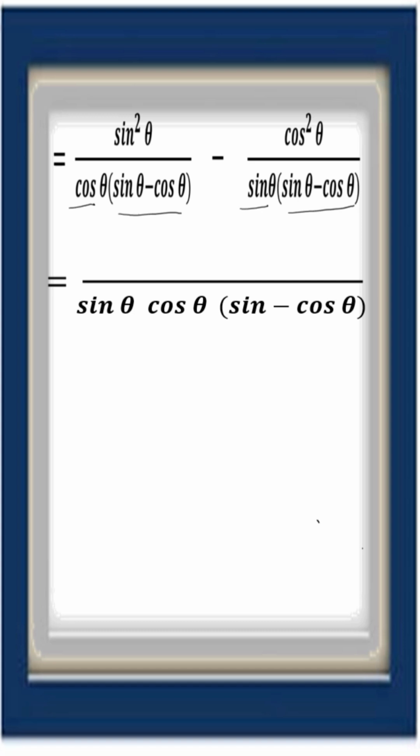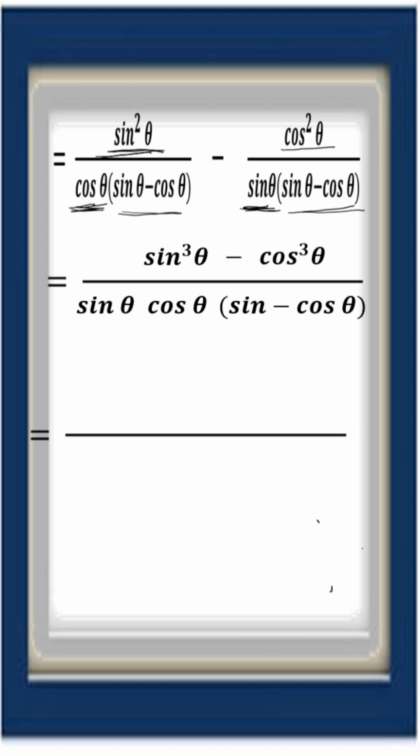In the numerator, this is what we have to multiply: sin theta and this sin theta, giving sin cube theta, and cos square theta into cos theta, that is cos cube theta. Observe the numerator. It is in the form of a cube minus b cube. So the denominator will be the same.